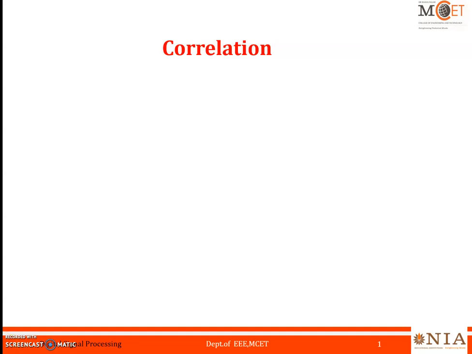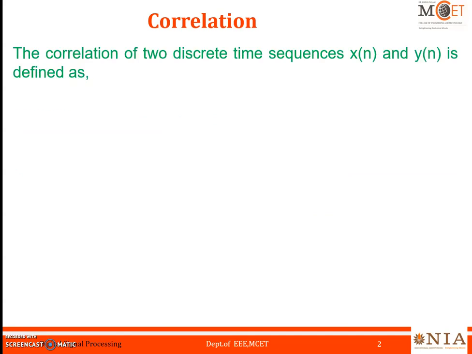The term correlation is used for finding out the similarity between two different sequences, or otherwise for finding out the similarity within the same sequence.